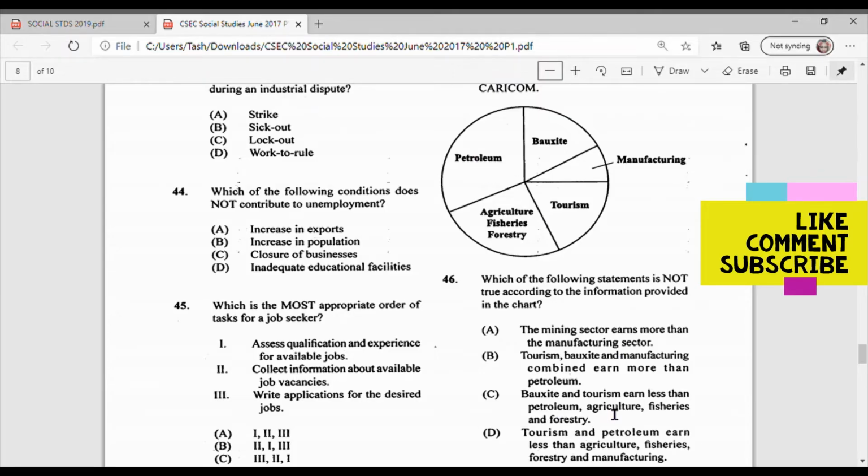C, bauxite and tourism earn less than petroleum, agriculture and fisheries and forestry. That is also true.